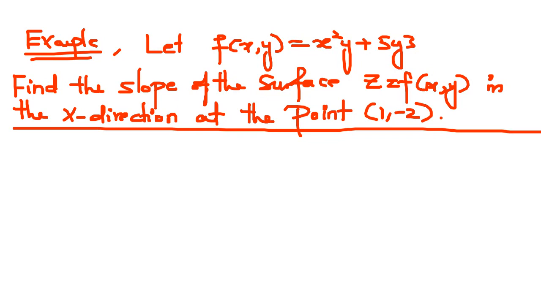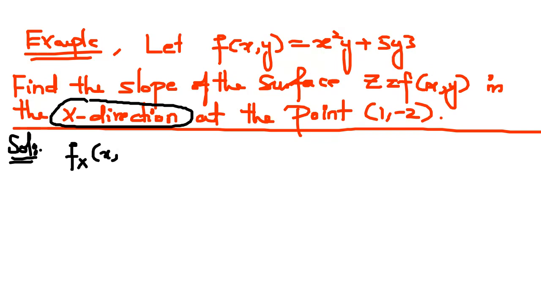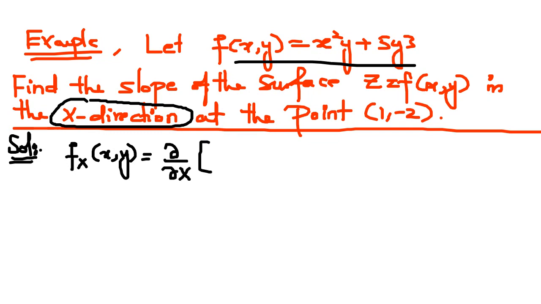So in the previous definition, if you have to find the slope of the surface in the x direction, that means you have to find the partial derivative with respect to x. Okay, so the partial derivative with respect to x of this function x square y plus 5y power 3.